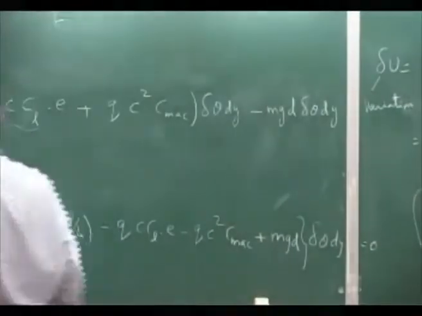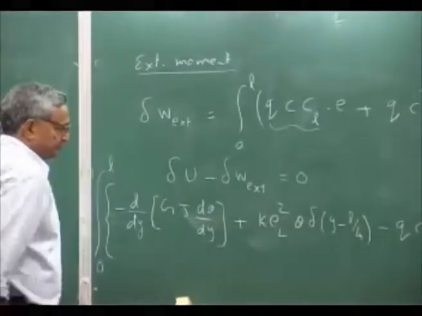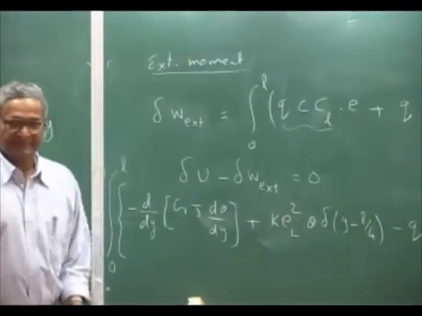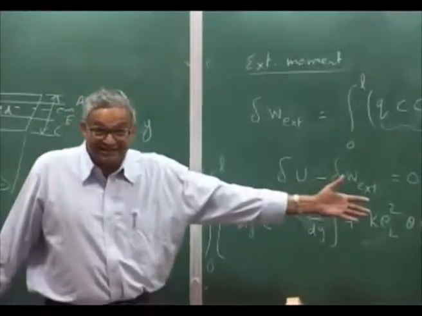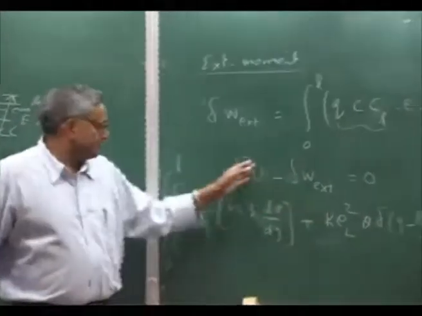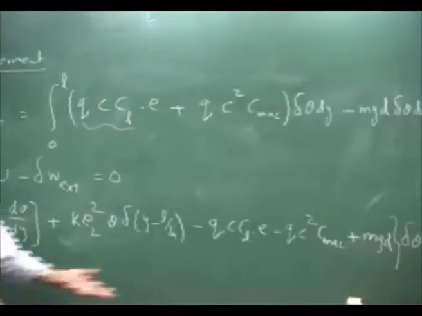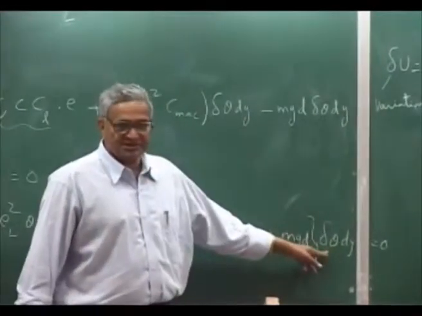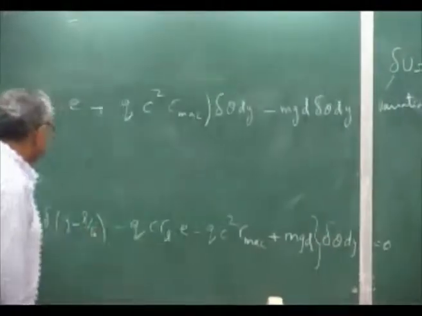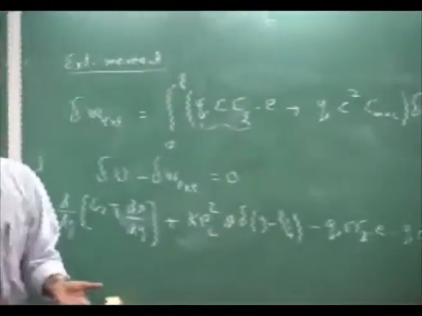This is an integral 0 to L. So this is what you get from the final principle of virtual work. And now you say my delta thetas are arbitrary variation, therefore the integrand must be 0.